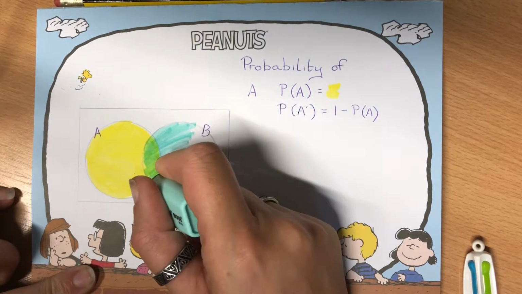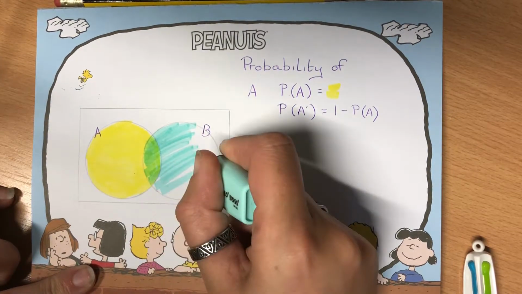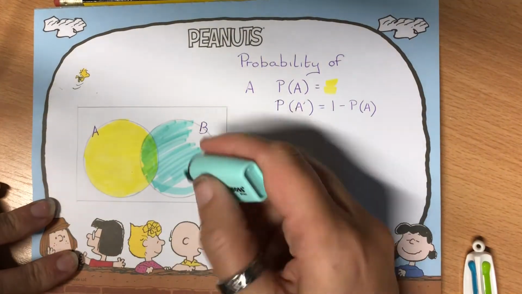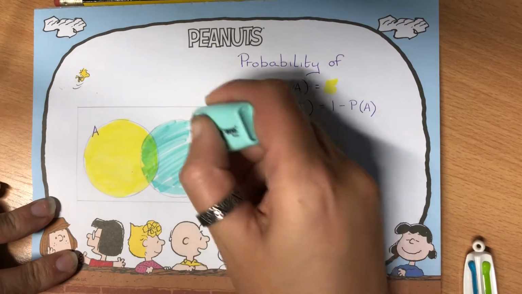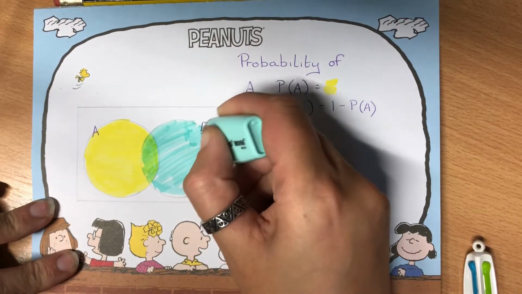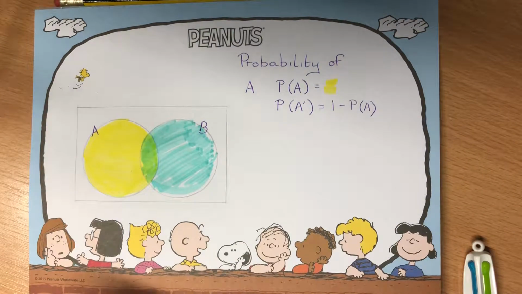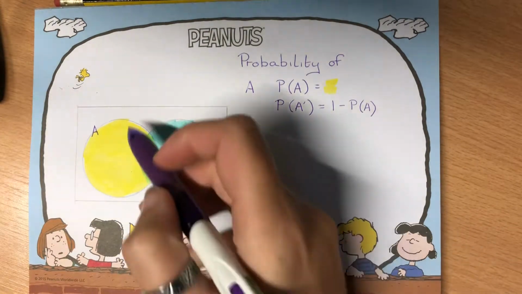So, in the same way as when we were dealing with the yellow one, the probability of B is going to be the whole of that circle. But we've also got this overlapping bit here.